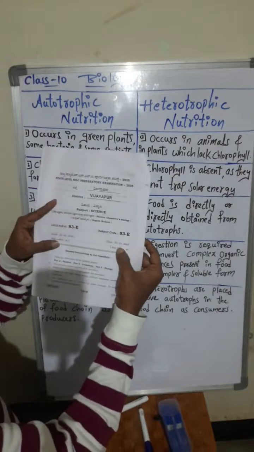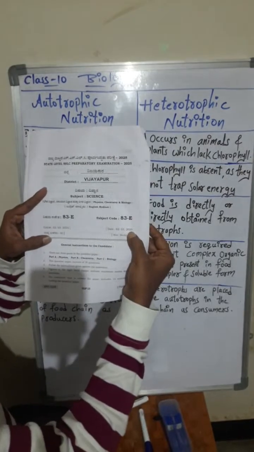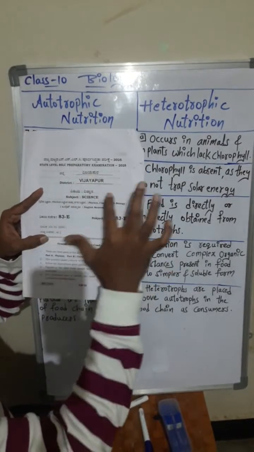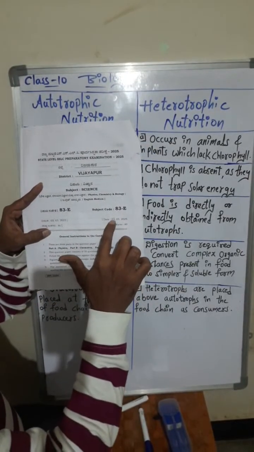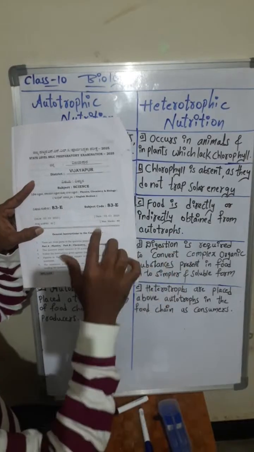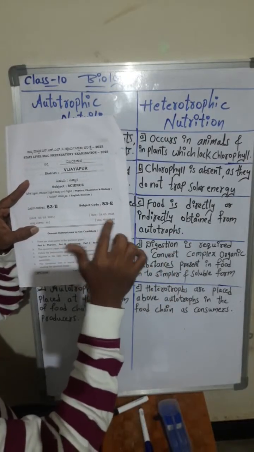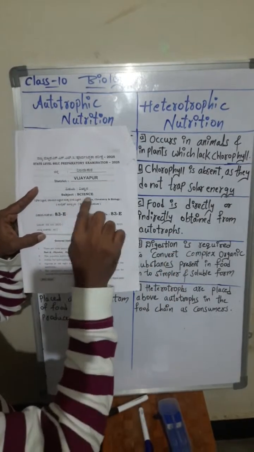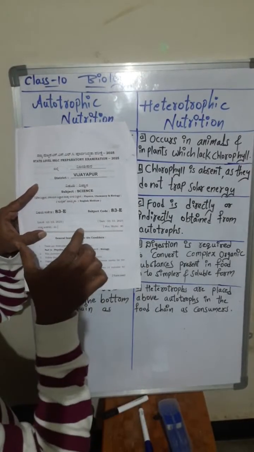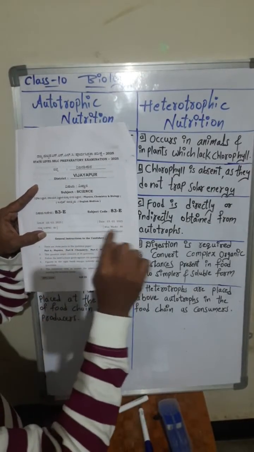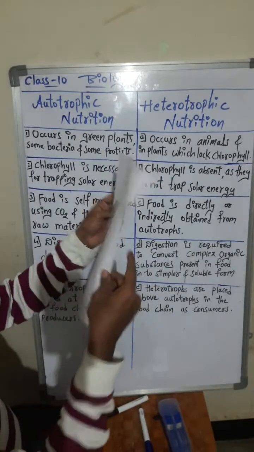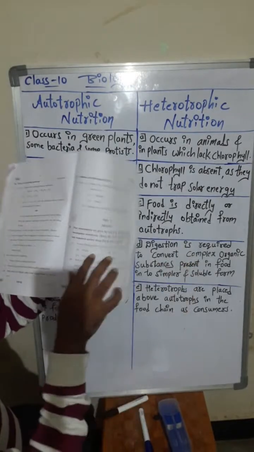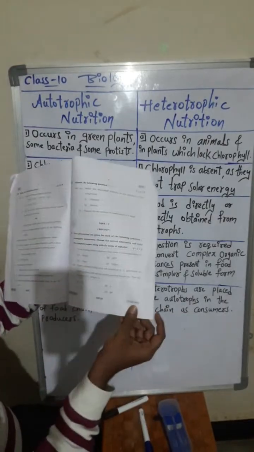You can observe the 2025 science question paper, 3rd March 2025. This is of 80 marks, and you are observing, students, the biology section, part C.